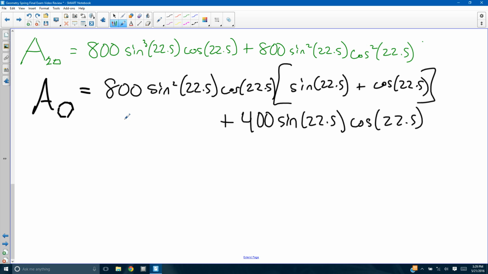I get an answer of 282.84, so I'll put 282.8 square meters.